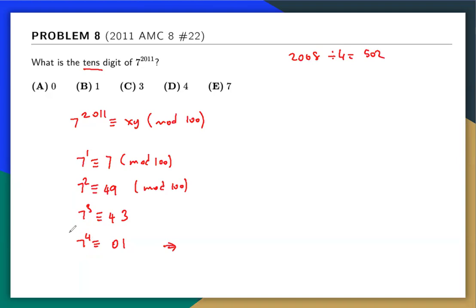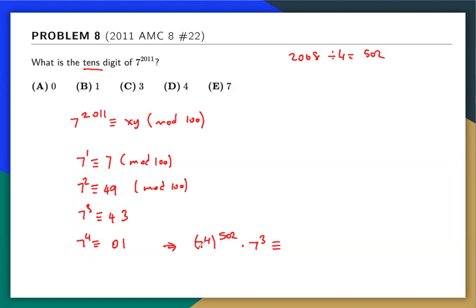Meaning that if I take the 502nd power of this congruence, you get 7 to the 4th to the 502. And then we are going to multiply this by 7 to the 3rd, because we want to get 7 to the 2011. When you multiply 4 by 502, you get 2008, and then plus 3 will be 2011. That's basically what we are interested in.